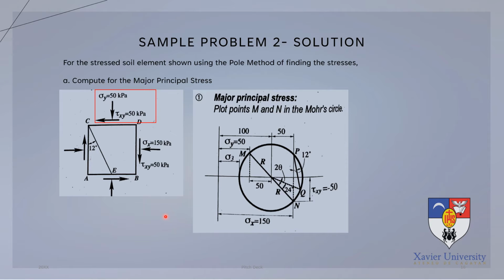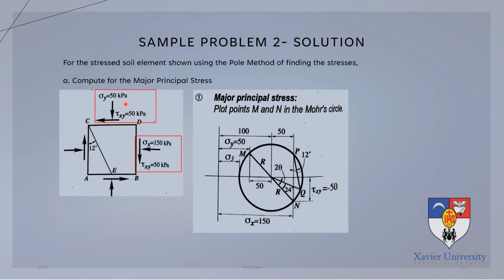So first, let us focus on the given values. In the Mohr circle, the first set of given values, the shear and the normal stress, there are two sets, and they will serve as initial points in our Mohr circle.